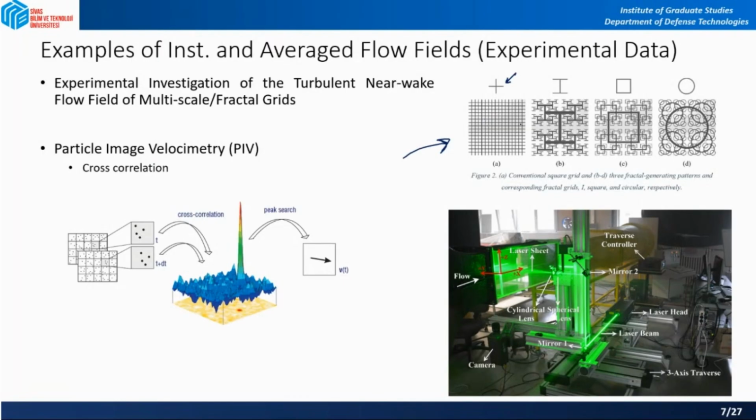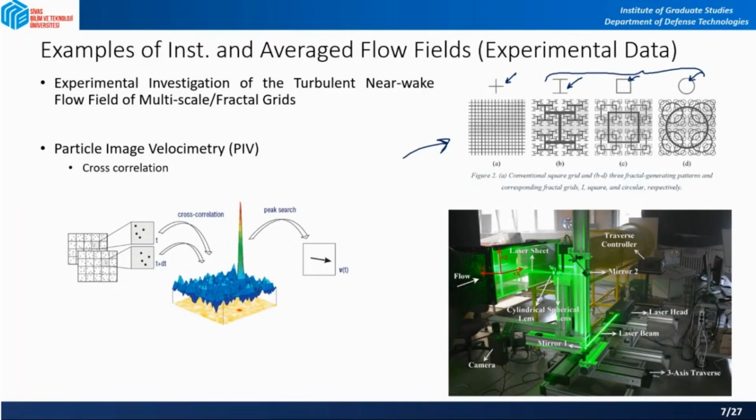And these three that you see in here are not regular type grids, and they are called fractal grids. Why do we call it fractal? Because they have a pattern, and the pattern is, for example, eye shaped or square shaped or circular shaped, and this pattern is being repeated, as you can see in here, and it is repeatedly increasing in size or scale.